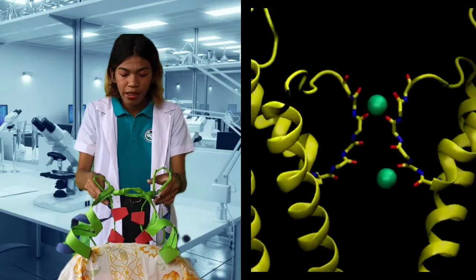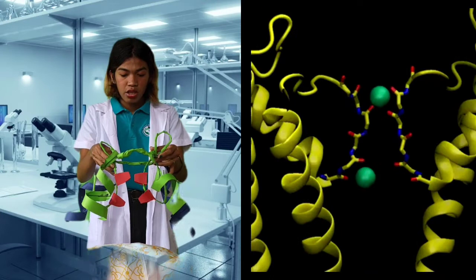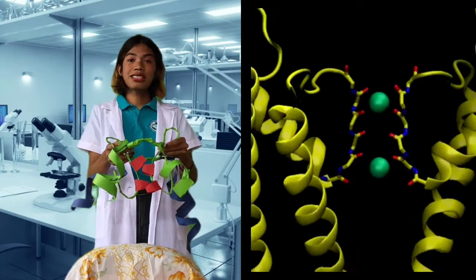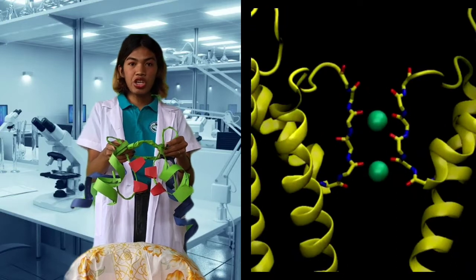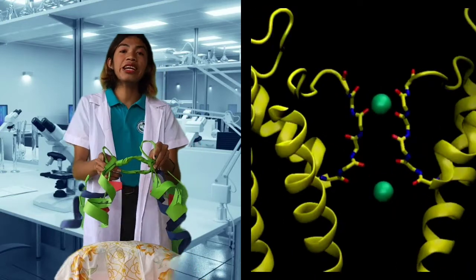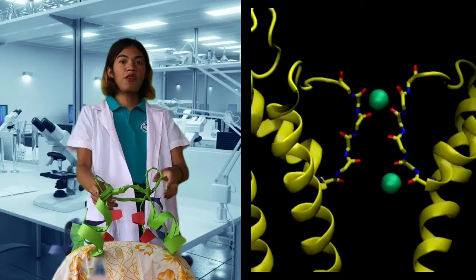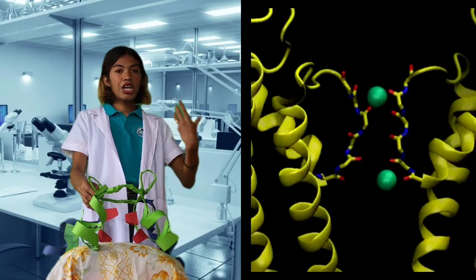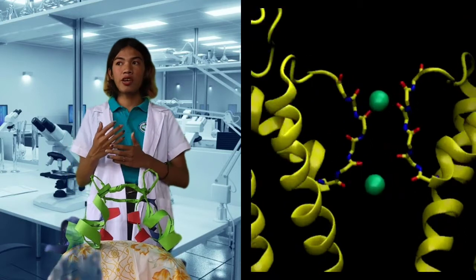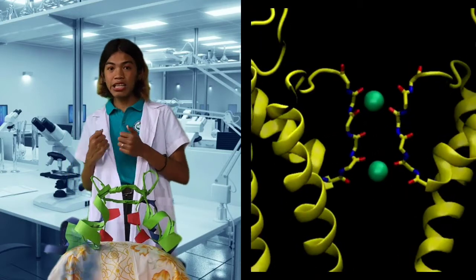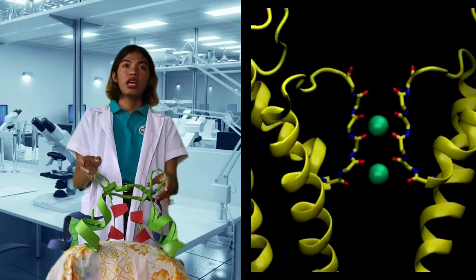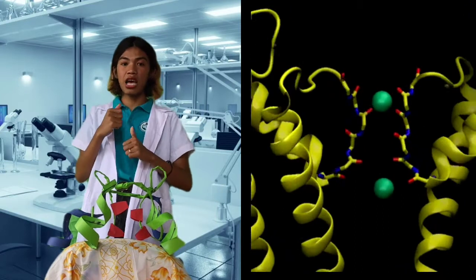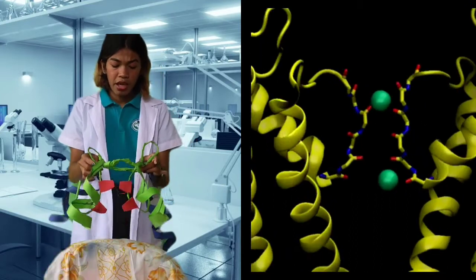This area will close when there is a low level of potassium ion, and it will open if there is a higher level of pH. It would also open when there is a lower amount of potassium inside, and close when there is a higher amount outside.